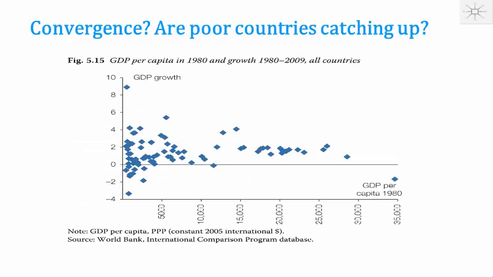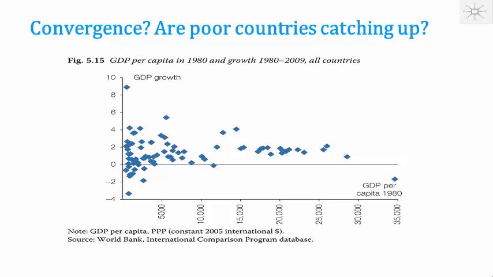You could also say, well, okay, income differences are large, but maybe we are on a path to convergence. Maybe the poor countries are growing fast and catching up with the rich countries. Well, there you have a rather mixed picture.